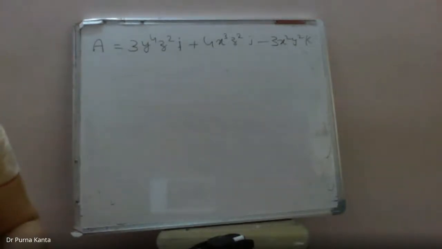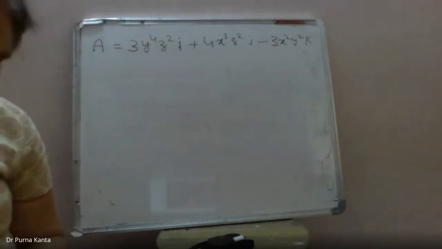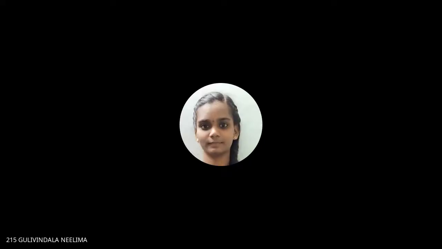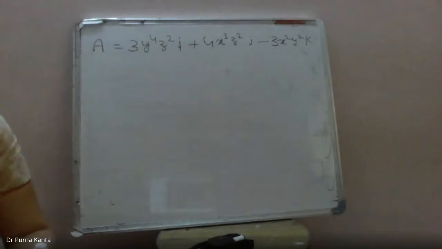What do we have to do to show that the vector is solenoidal? We have to show that divergence of a is equal to 0. Do it and see whether you get 0 or not.